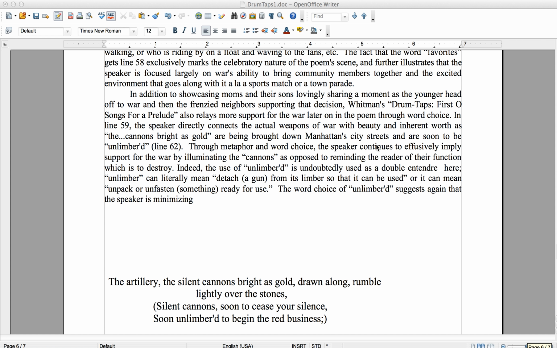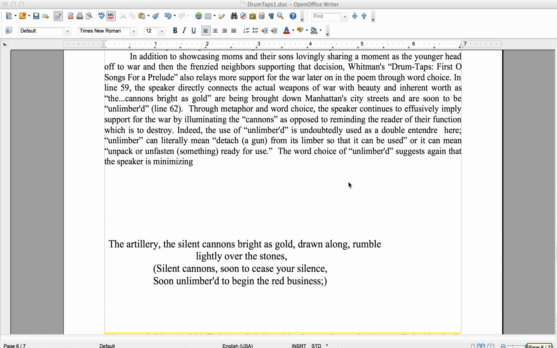So let's continue this essay. The word choice of limerick suggests again that the speaker is minimizing the horrors of war by allying war's weapons.